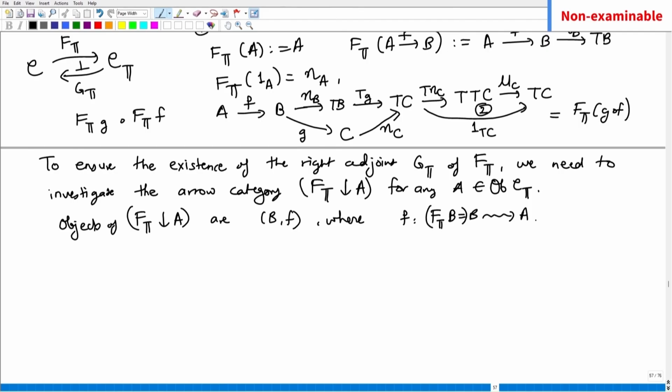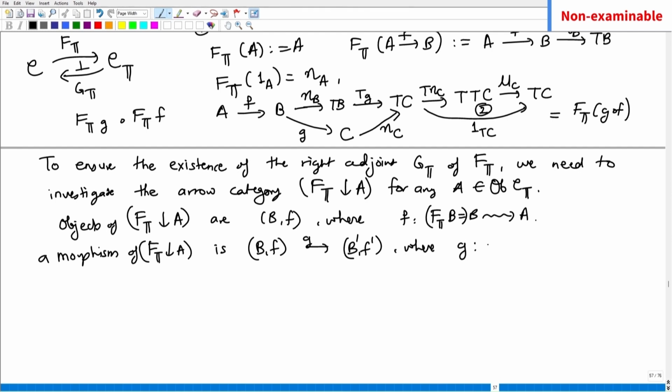Okay. And a morphism in this category is, okay, so BF to B prime F prime, and this is just some G, where G is a morphism from B to B prime in C. It's not a zigzag morphism.